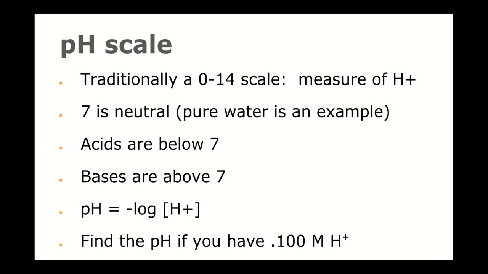Okay, so this is going to tell me what type of calculator you have, depending on how your calculator is organized. So if you have a calculator that says log when you push the log button, you are literally going to type this in: negative sign, log, 0.1.